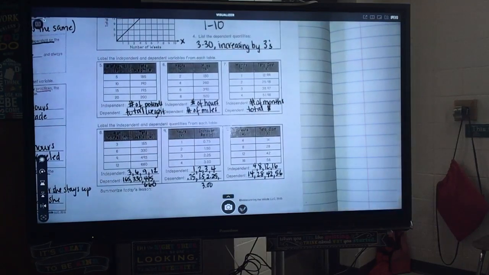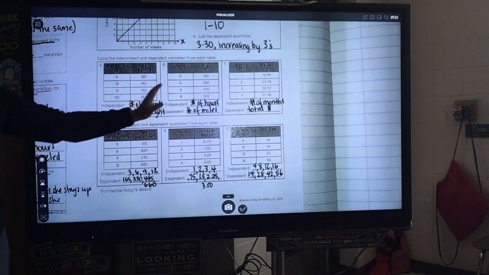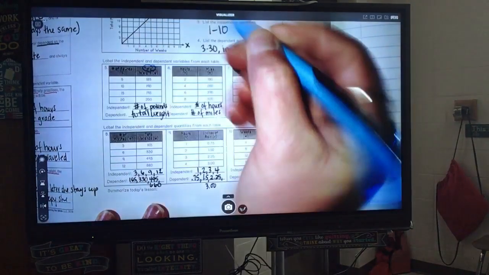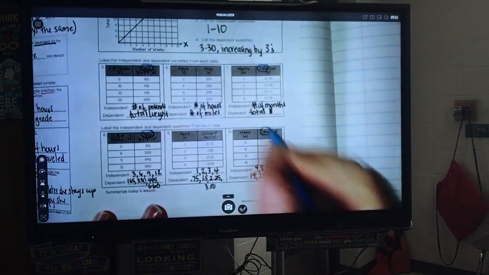Alright, I have a question, especially with the table. What do you notice about common words with your dependent variables? There's a common word that happened in a lot of our tables. What was that common word? Total. So total falls here, total falls there, total falls there, total falls there.